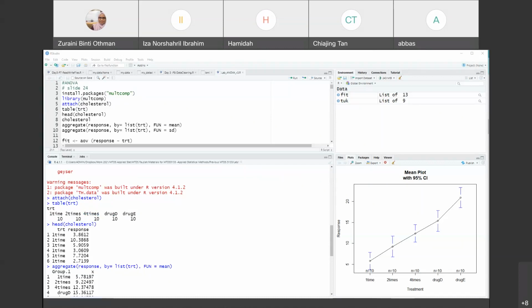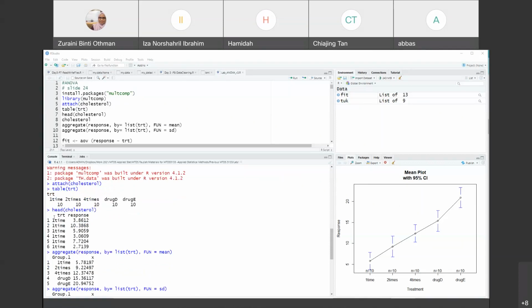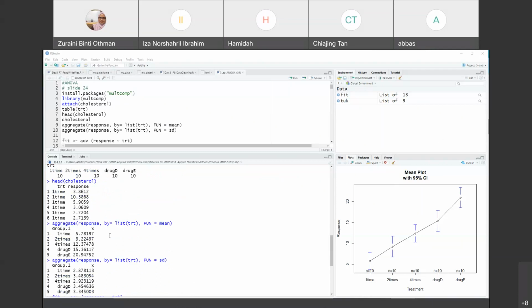Okay, number 2. This is the aggregate. This is the head of our cholesterol table. And this is the aggregate. Okay, this is the group mean. Okay, and then from the means it appears that drug E produce the greatest cholesterol reduction.